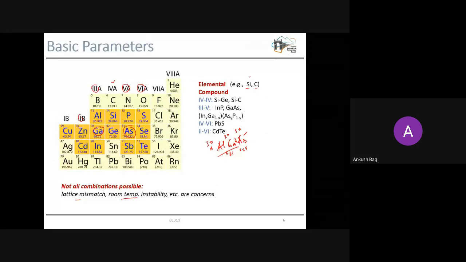We have also seen in the periodic table there are different semiconductors. Of course silicon and germanium are the elemental semiconductors, and silicon is the most widely used semiconductor for most of the electronic components or appliances we are using.